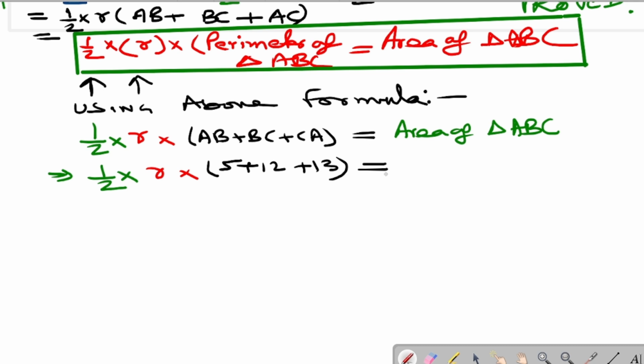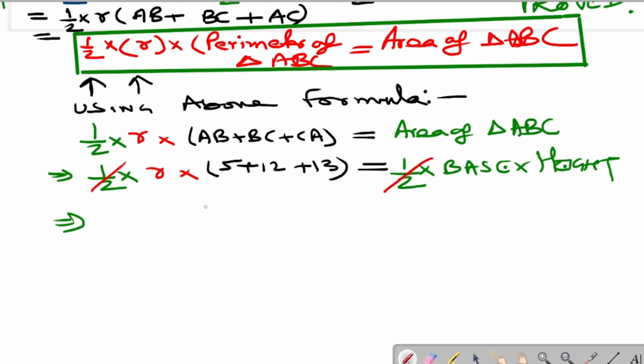This will be equal to area of triangle ABC, and we know that area of triangle ABC we have already derived, it is half into base into height. So if you consider the bigger triangle ABC, what will be the base and what will be the height? Let us see. In the LHS we have half, and in the RHS also half.